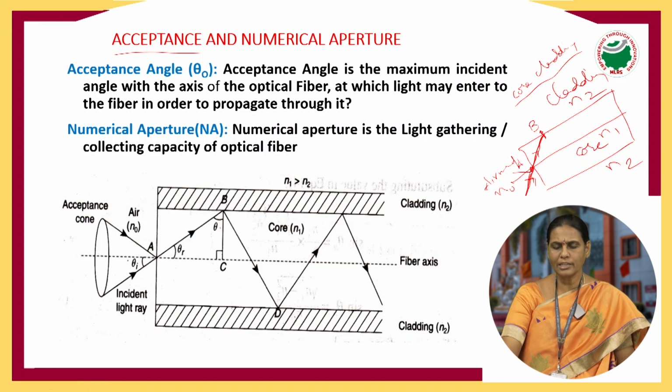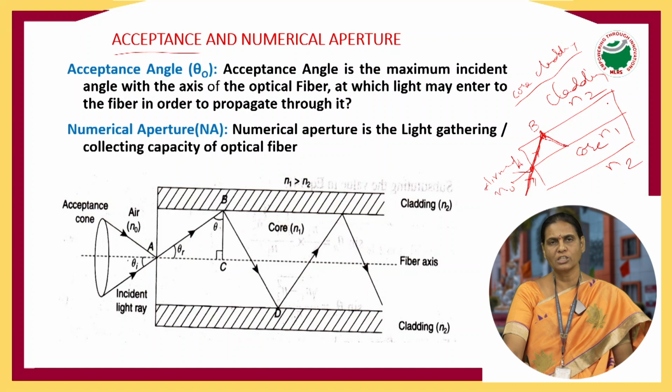Now, when the light ray touches this point, that is the core cladding surface, automatically the light bends into the same medium. The light will reflect back into the same medium. Once the light is reflecting back into the same medium, it is satisfying the principle of optical fiber, that is total internal reflection.